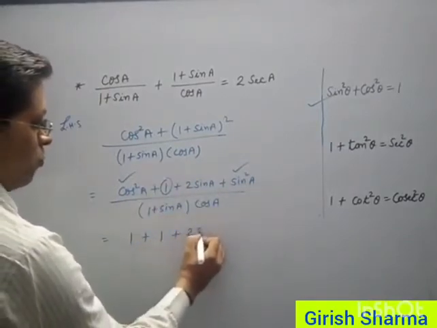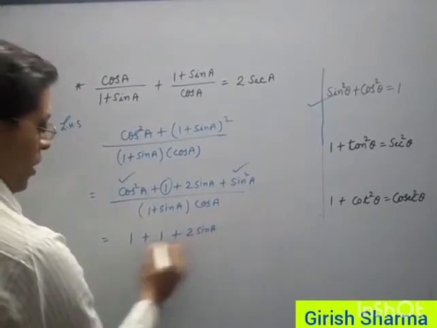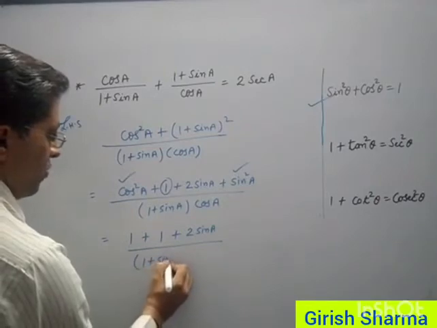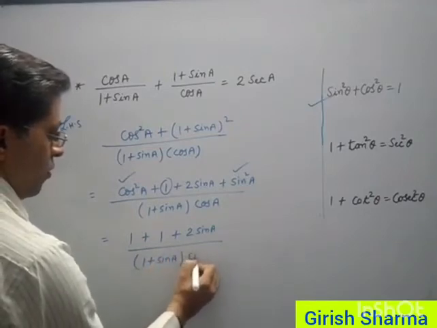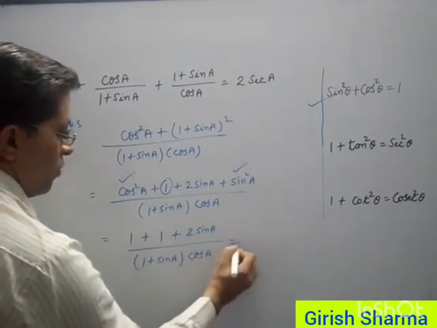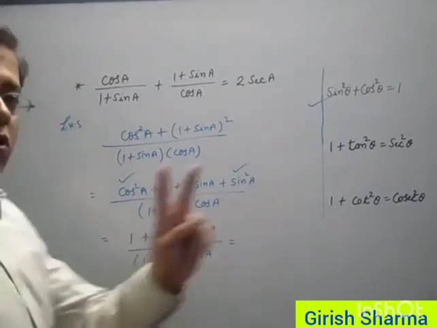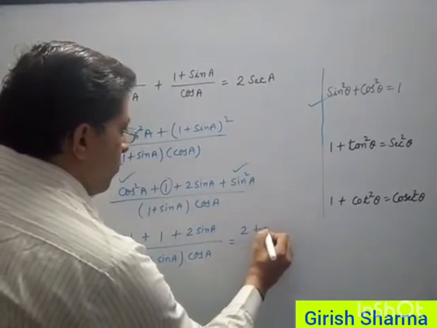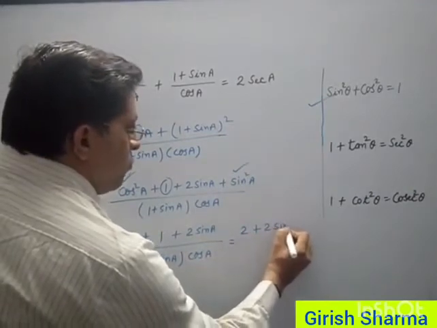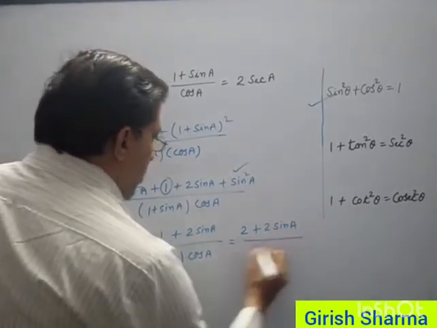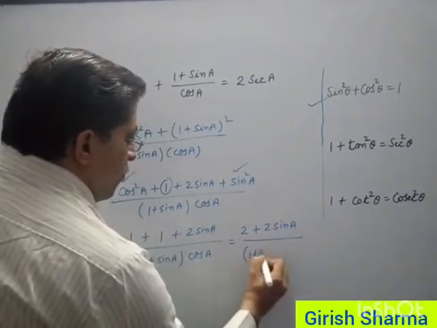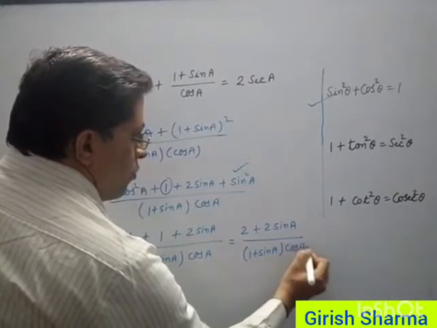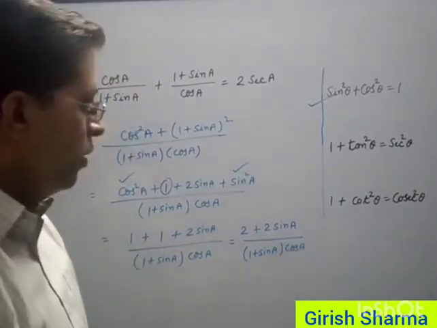This is your 2 sin A upon 1 plus sin A into cos A. 1 plus 1 is what? 2. This is 2 plus 2 sin A upon 1 plus sin A into cos A. Getting?